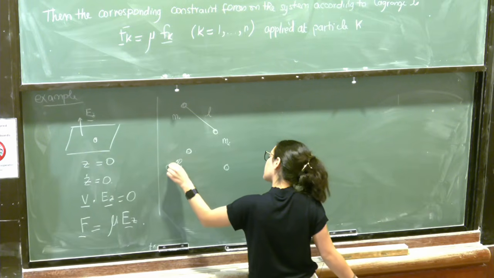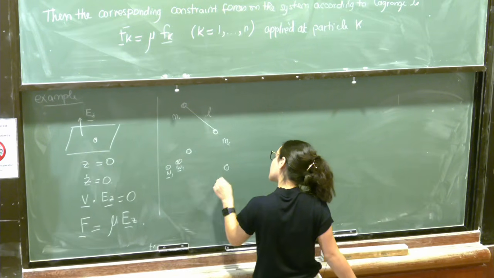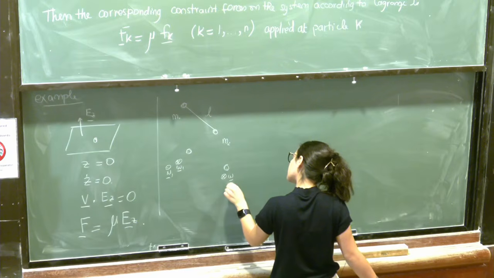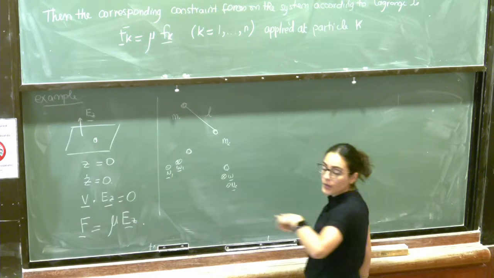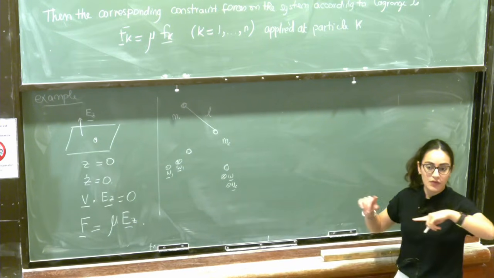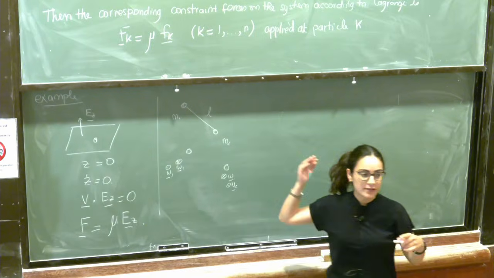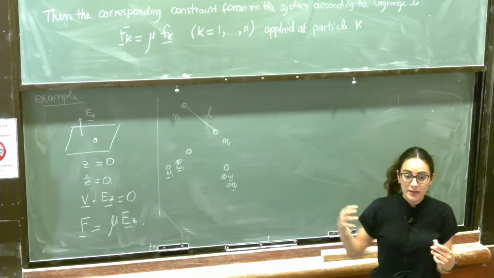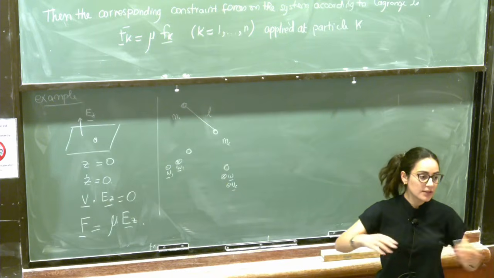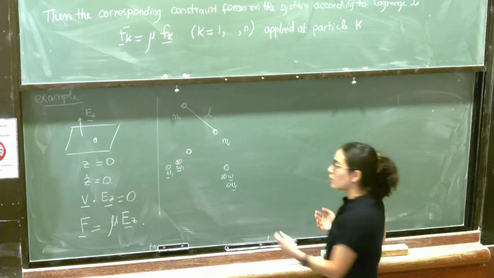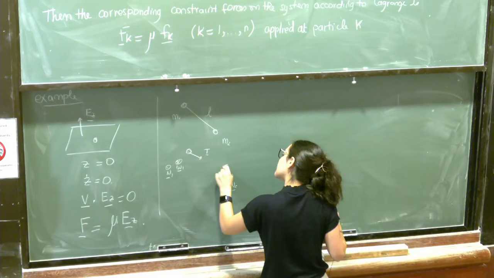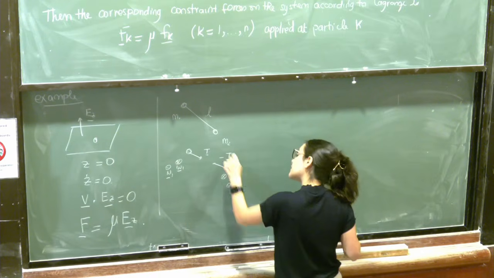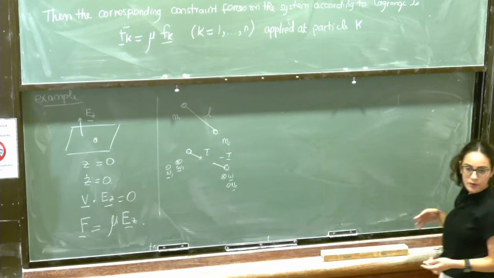Weight, normal 1, 1, and 2, 2. And what is the force due to the constraint? Yeah, there's some tension force in the rigid massless rod. So a tension force T and a tension force minus T that's going to point along the length of the rod.